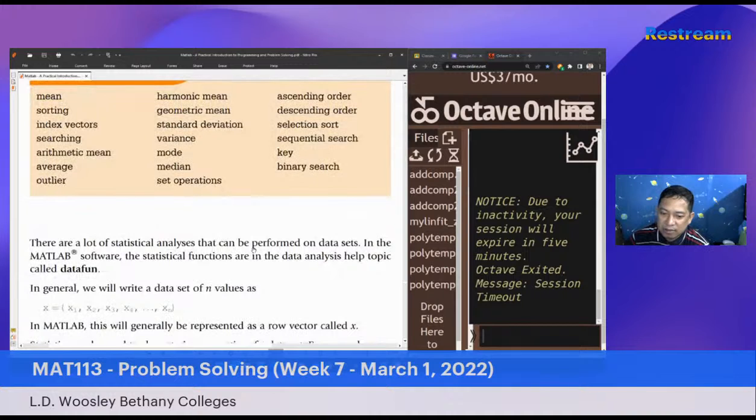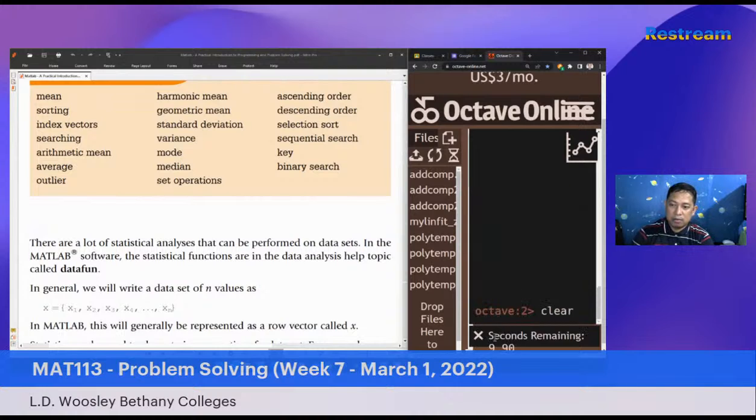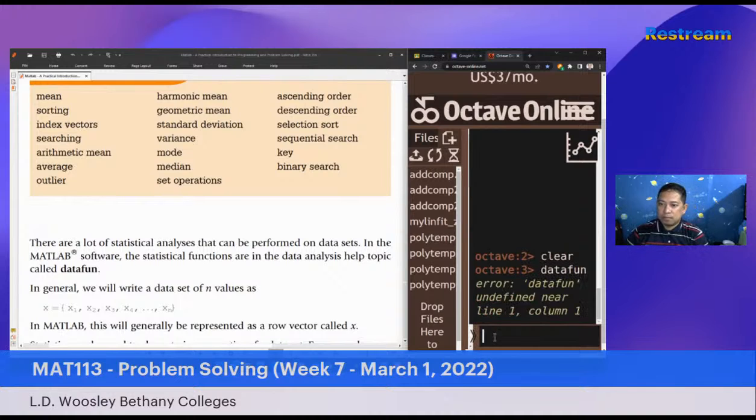So that's the command. Help topic in data pan. In general, hindi pa yun yung ating gagawin.